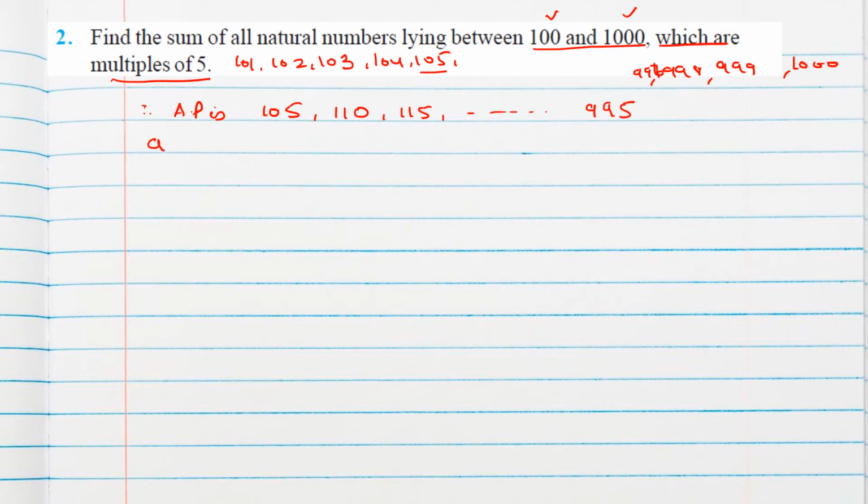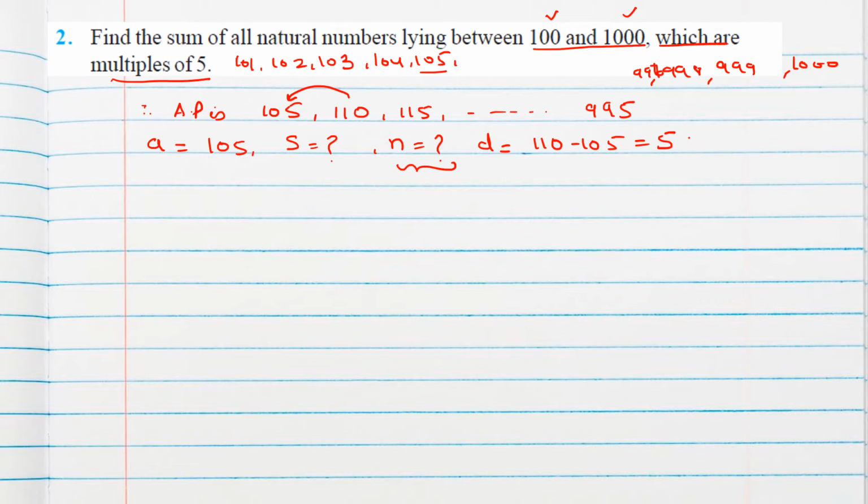So from this we can find a, which is 105. Here we should find the sum. n is not given, and d we can find if we subtract the first term from the second term, that is 5. So here n also is not known, how many multiples of 5 are there between 100 and 1000.